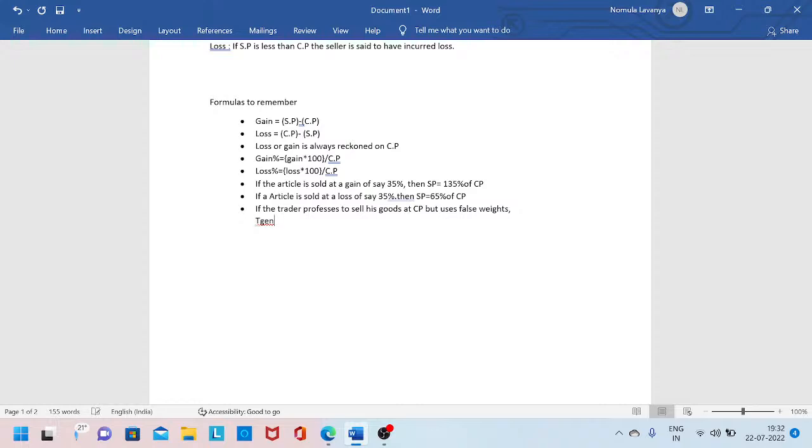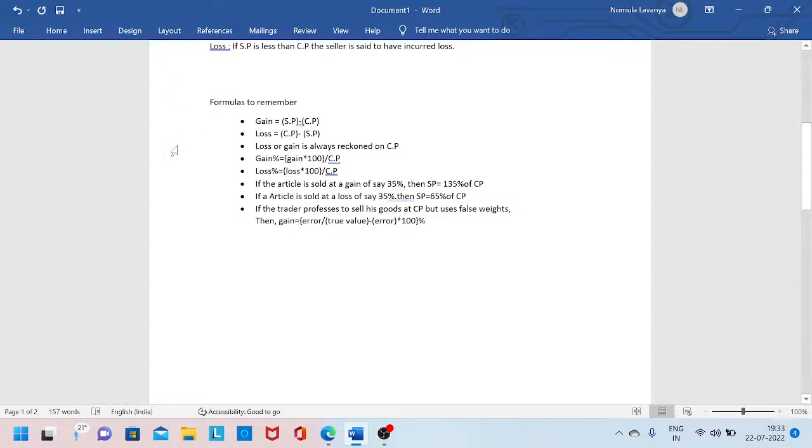Then gain equals error slash true value minus error, close the bracket, and into 100%. Okay, so these are the formulas to be remembered.